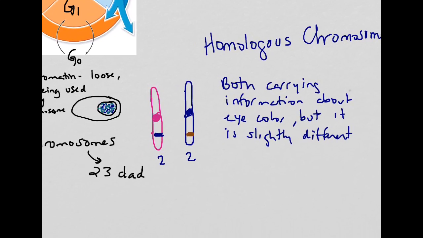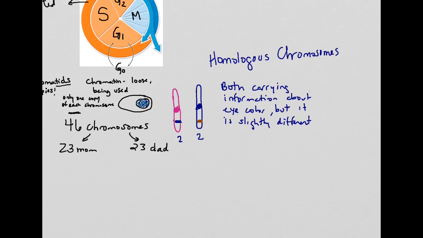Okay, so right now in your body cells, each body cell that you have has 46 chromosomes, 23 that you got from your mom and 23 that you got from your dad, and you can pair them up. You can pair up homologous chromosomes so that you can see which ones go together. We call that a karyotype. We looked at that in class, right?